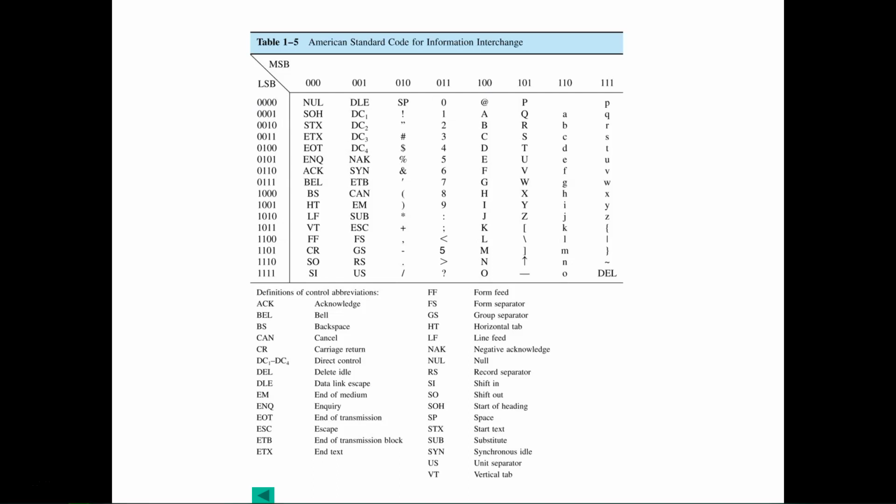So this is how they figured out how to take a keyboard and be able to create information on a computer with it. Because every time you hit a keystroke on your keyboard, I don't care what exactly you're hitting, I'm sorry, DLE is a data link escape. I don't know if I've ever really seen that one on the computer, but anyway.